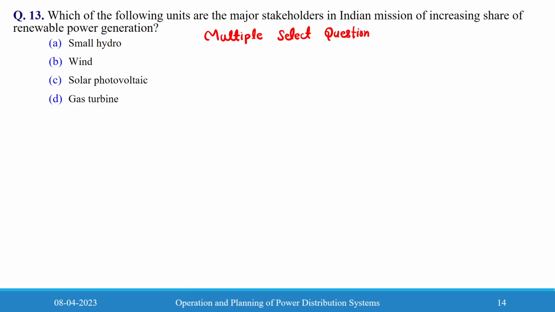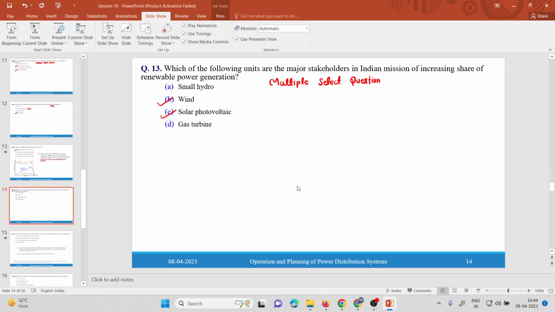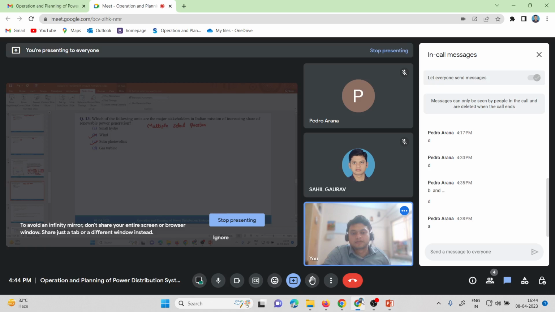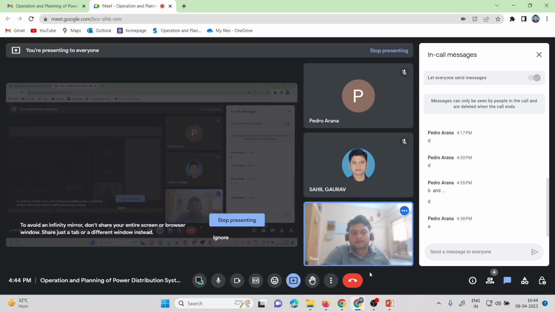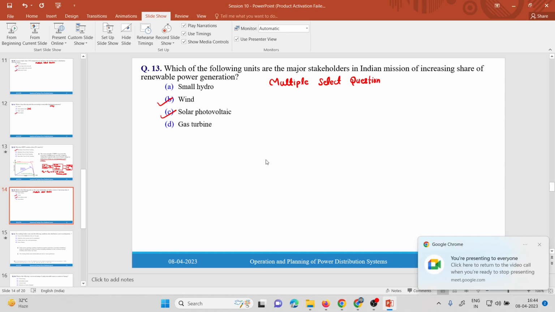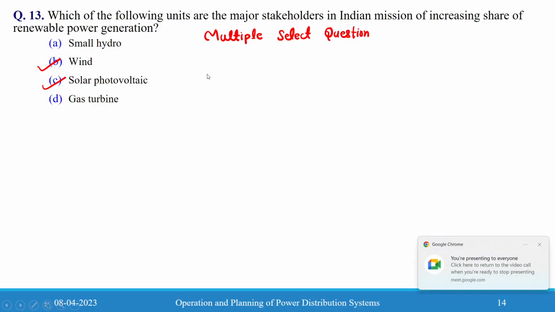So for this problem, B and C are correct. For problem number 13, wind and solar photovoltaic are the major stakeholders in the Indian mission of increasing the share of renewable power generation.